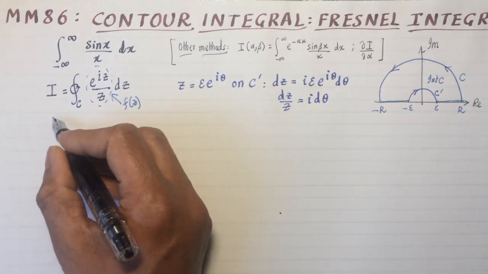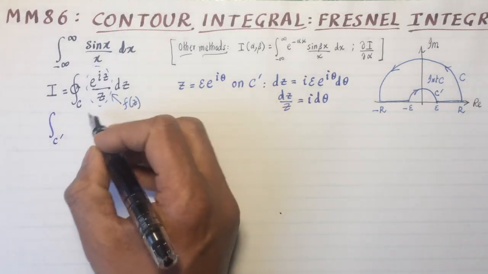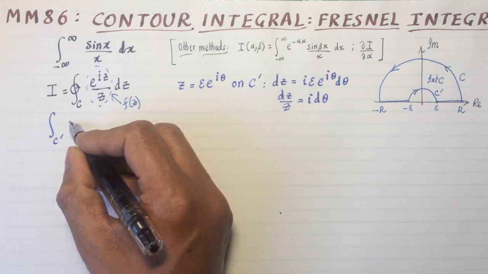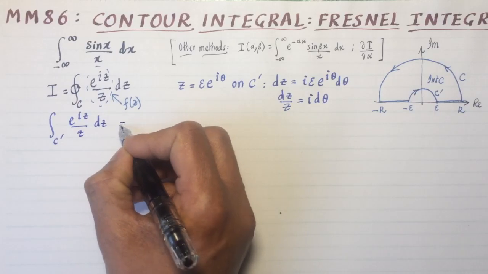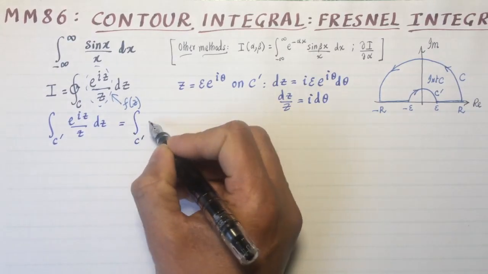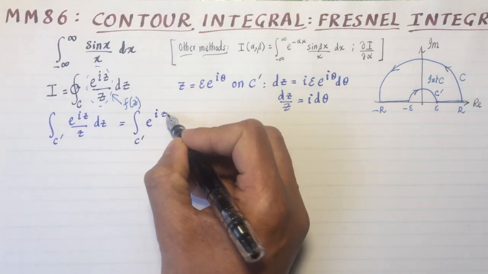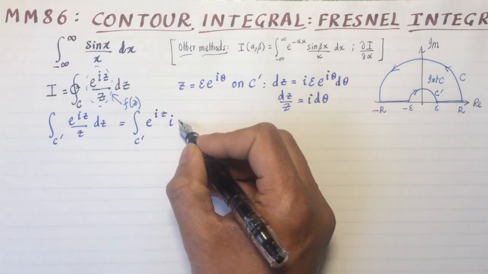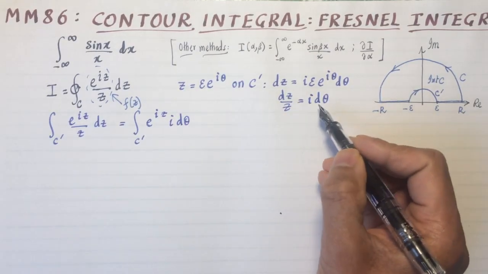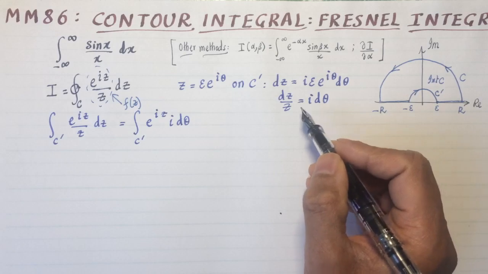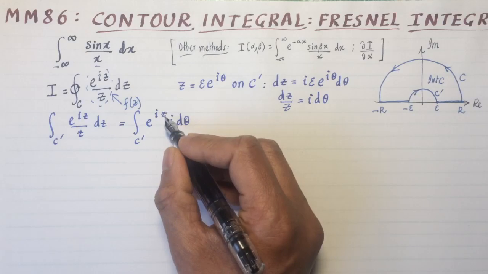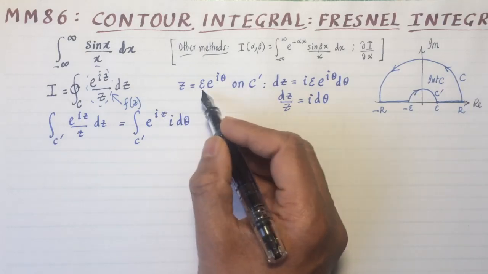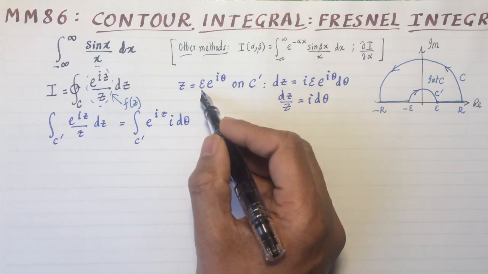So let me just consider now what happens to this speed bump integral. It's the integral of e to the iz over z dz, and that just becomes the integral over C prime of e to the iz times i d theta because of this. And as epsilon goes to 0, you observe that z goes to 0, because z and epsilon are related like that.